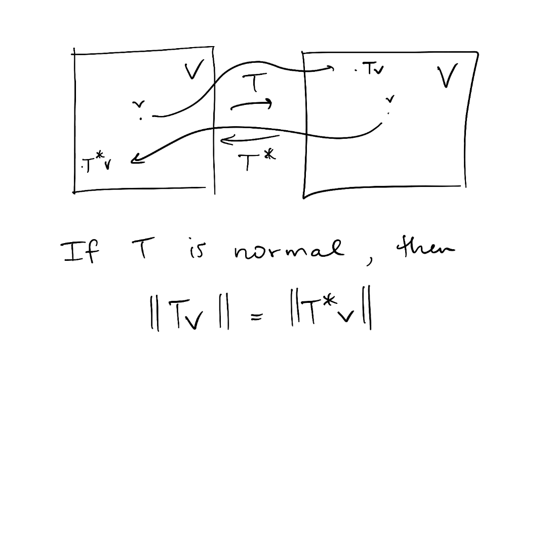The norms match, and that's the sense in which T is normal. The norms stay the same, whether you go left to right or right to left. The norms match, and in fact, that's actually an if and only if. And that will be one of a little suite of concluding facts about normal operators at the end of 7a.